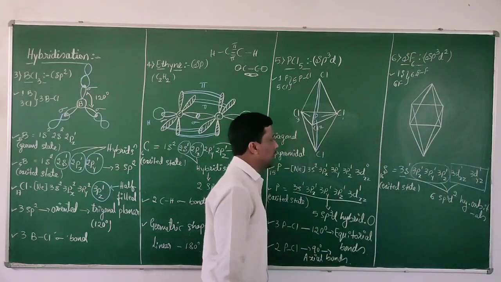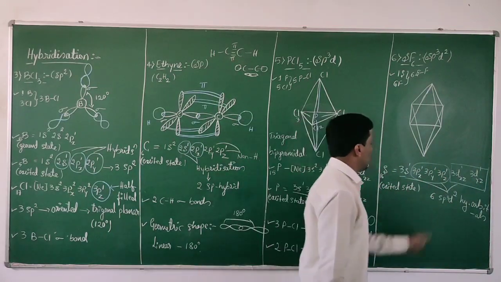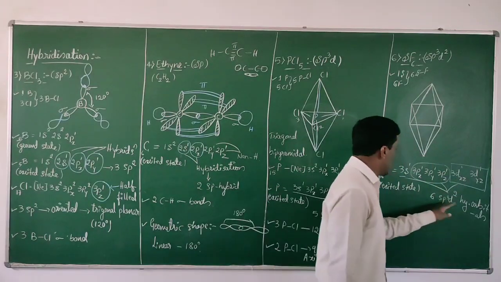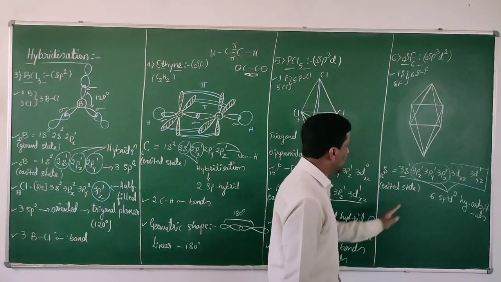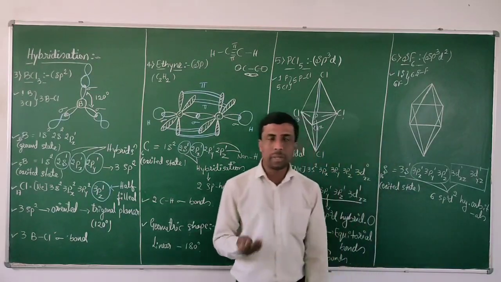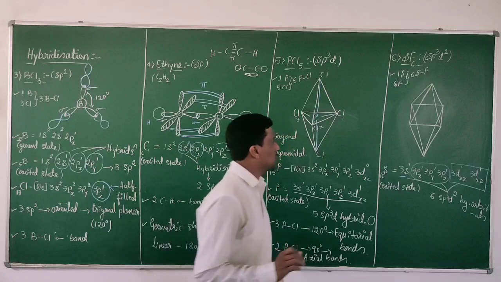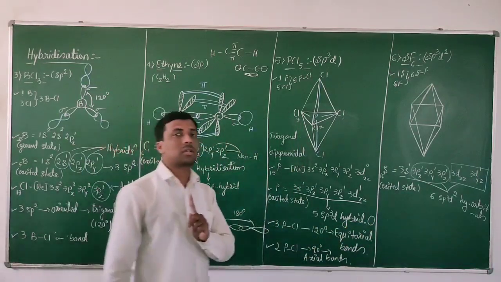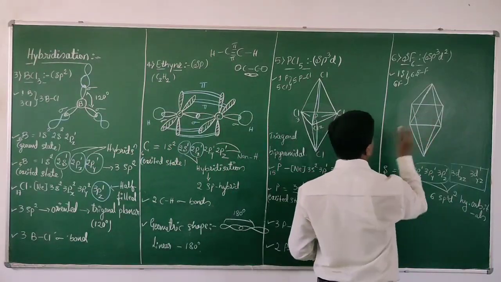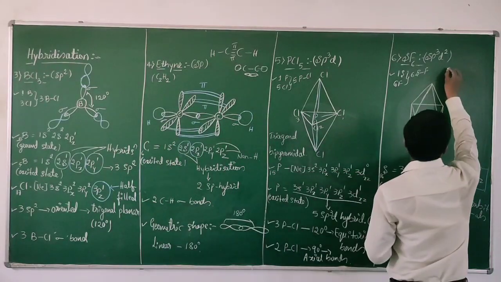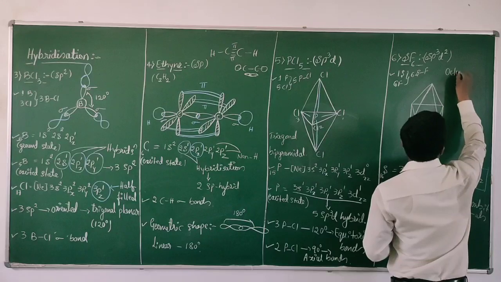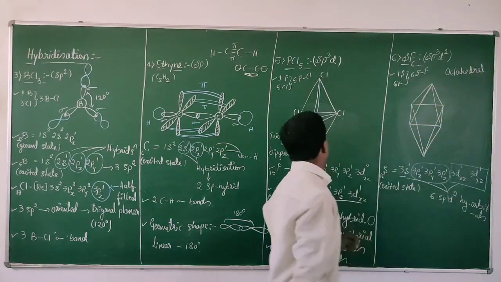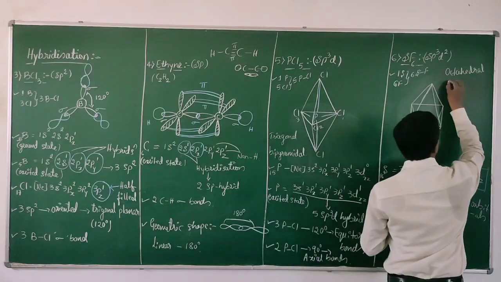These 6 sp3d2 hybrid orbitals are oriented towards the corners of an octahedral structure. This is the octahedral shape or octahedral geometry.